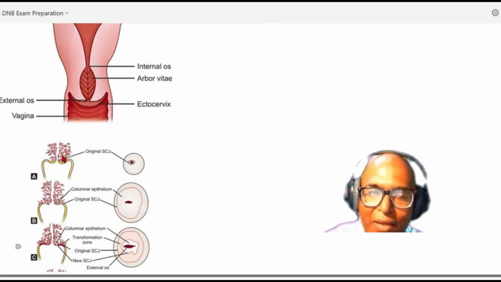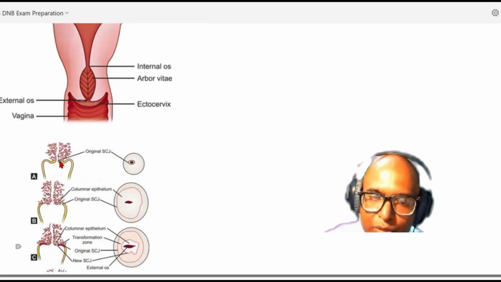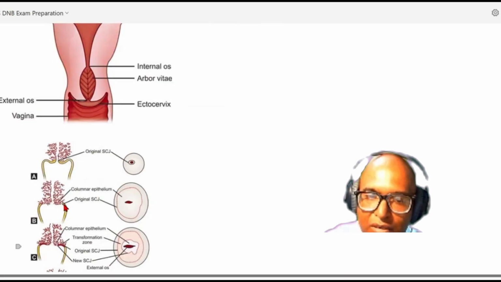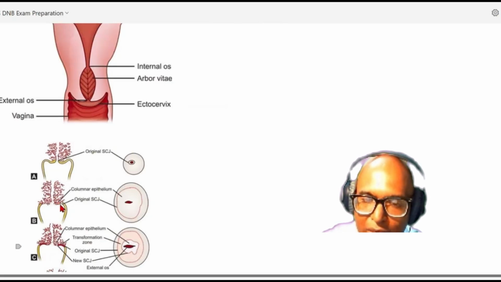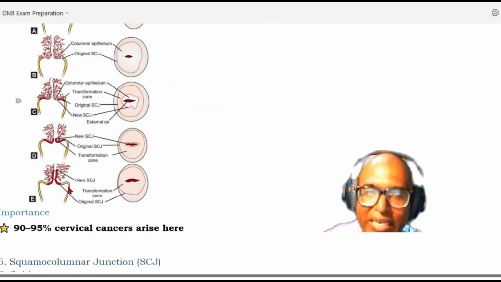Okay, so what happens during puberty or the reproductive age group? This squamocolumnar junction has migrated here, so there will be columnar epithelium. This columnar epithelium will be exposed to the vaginal acidity, and in this environment it will undergo metaplasia and form the squamous type of epithelium.